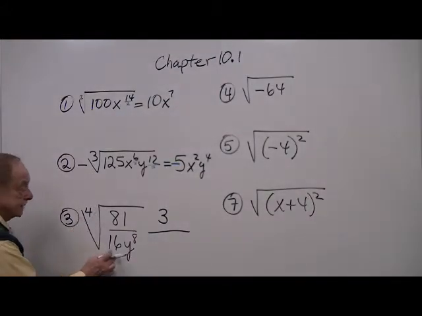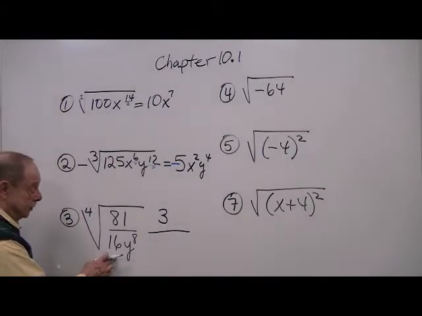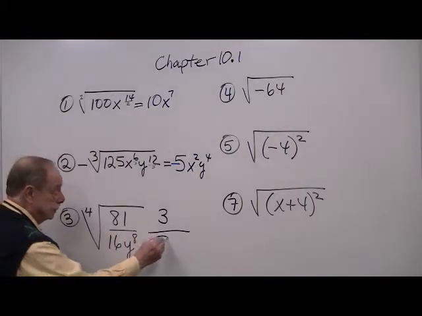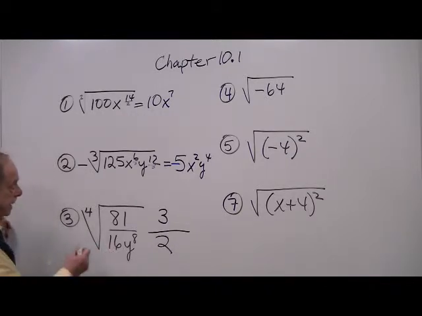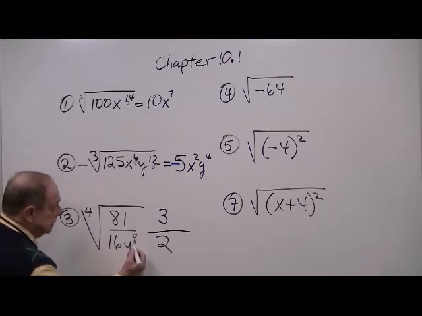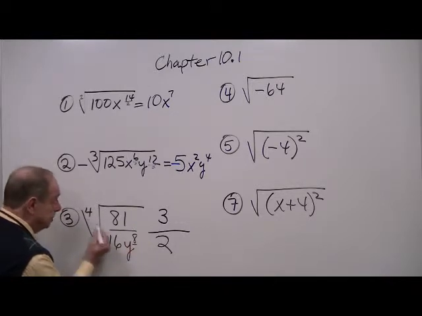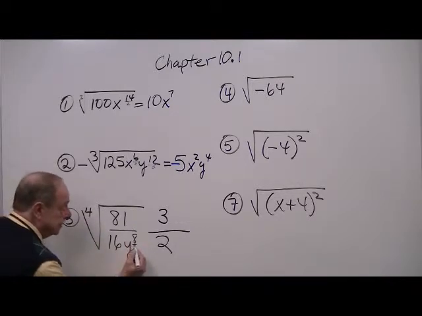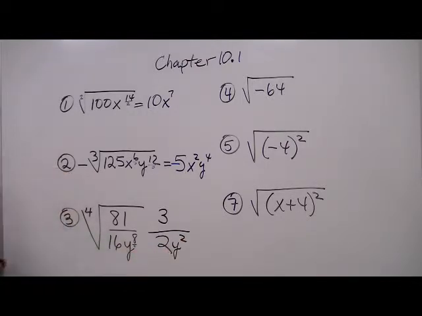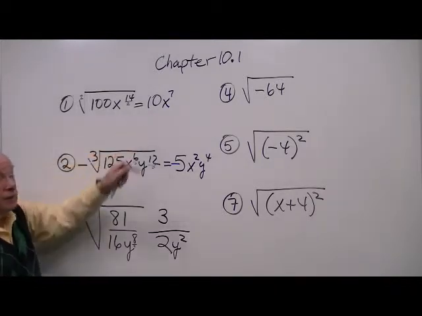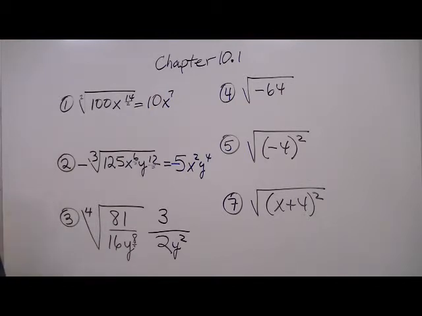Now the fourth root of 16, which is also a perfect fourth, is 2 times 2 times 2 times 2, 16. And then here we can use that very same method. Divide the exponent on the variable by the index number, and that gives you y to the second. So the use of the index number to do these with letters is a good hint.